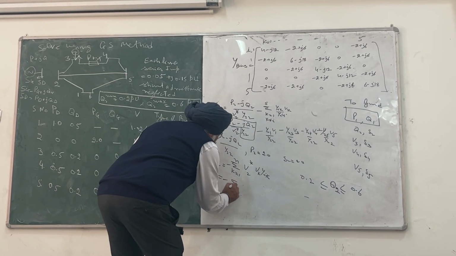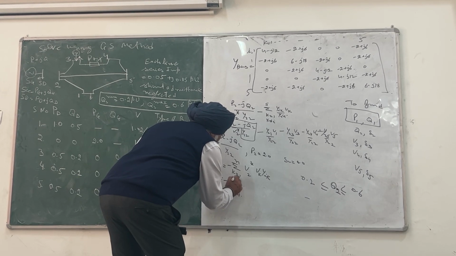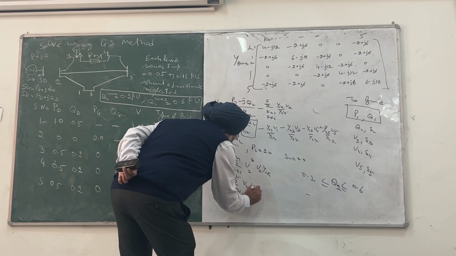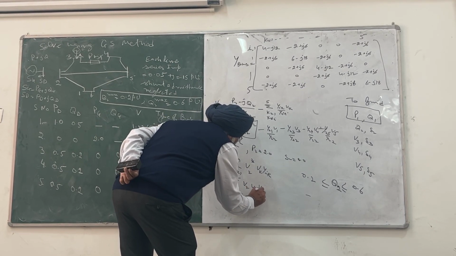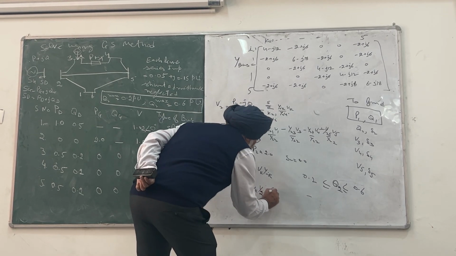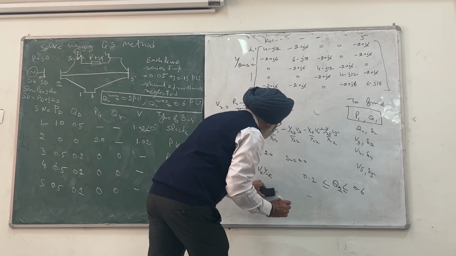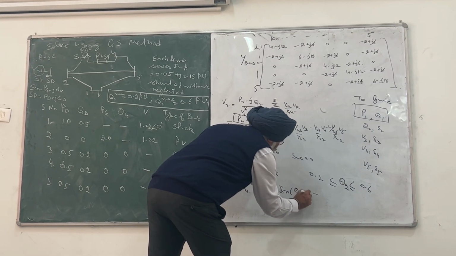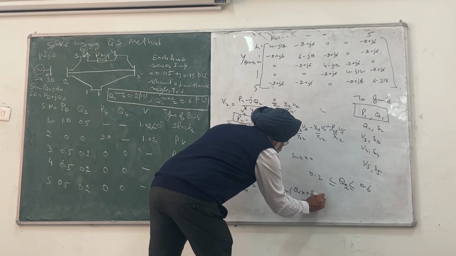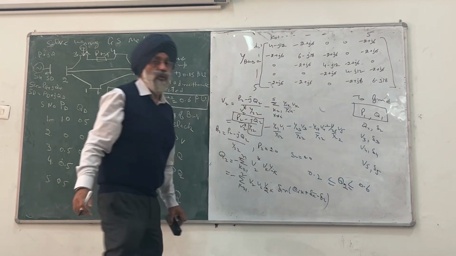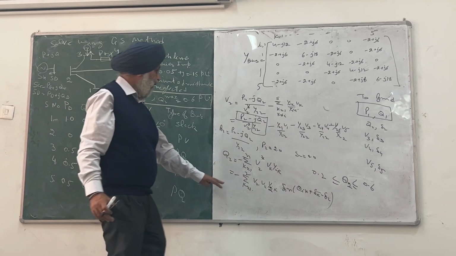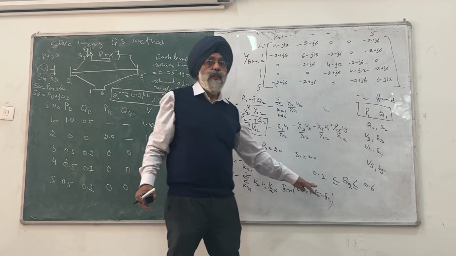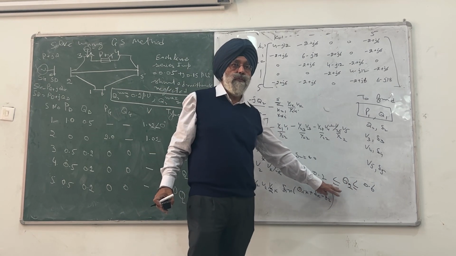Minus of sum, K varying from 1 to 2, V2 Vk Y2k sine of theta_ik, delta k minus delta k, I is 2. Using this equation, you can calculate the value of Q2, then check the limits. If it is within the limits, okay.